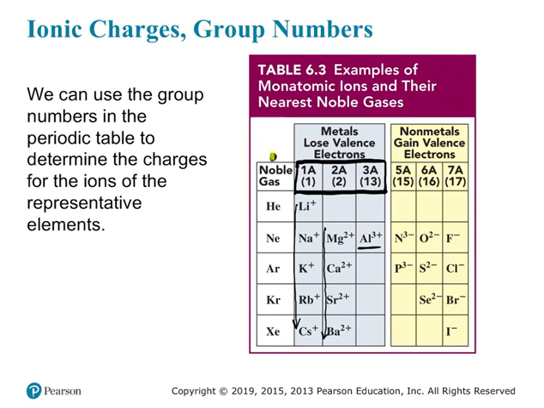Now, it gets a little bit tricky when we go to the nonmetals because their charges do not match the group numbers up above. So for instance, in group 5A, nitrogen and phosphorus have 3- charges. And that does not match the group number. So the other way to remember this is to subtract the group number from 8.